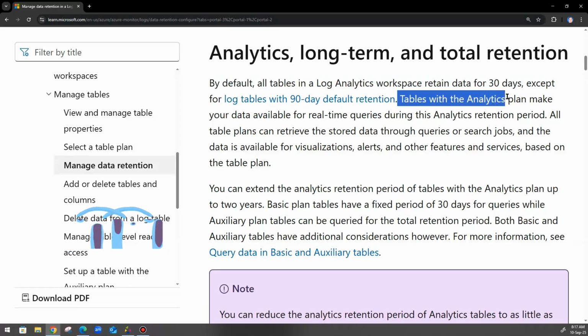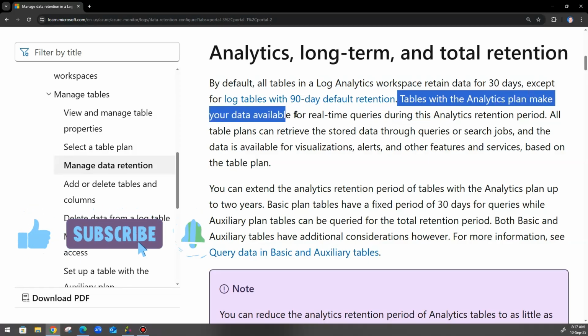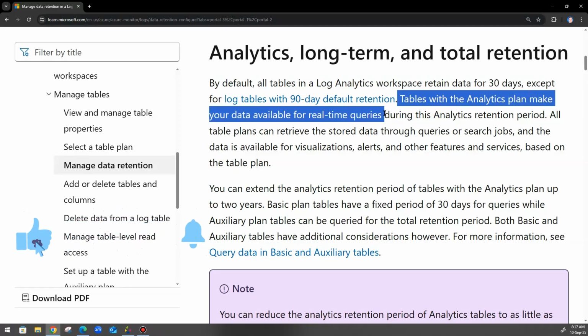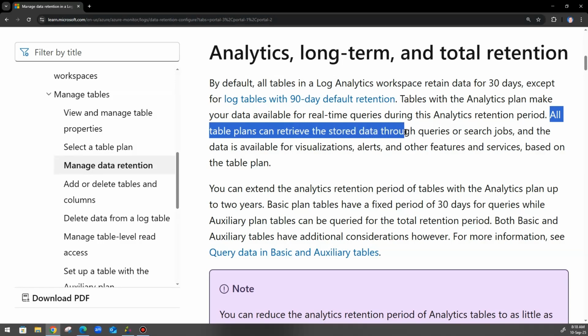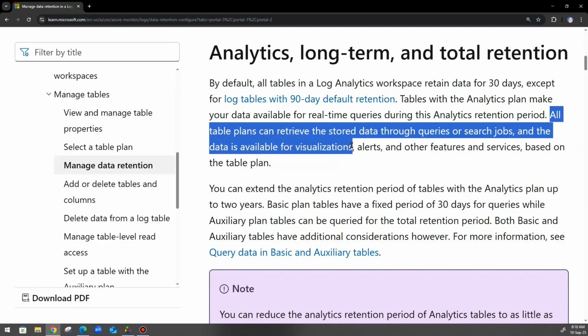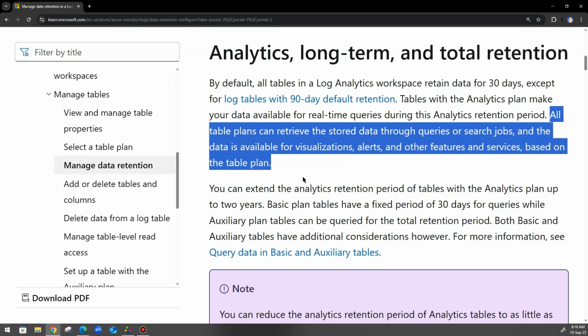Tables with the analytics plan make your data available for real-time queries during this analytics retention period. All table plans can retrieve the stored data through queries or search jobs, and the data is available for visualizations, alerts, and other features and services based on the table plan.